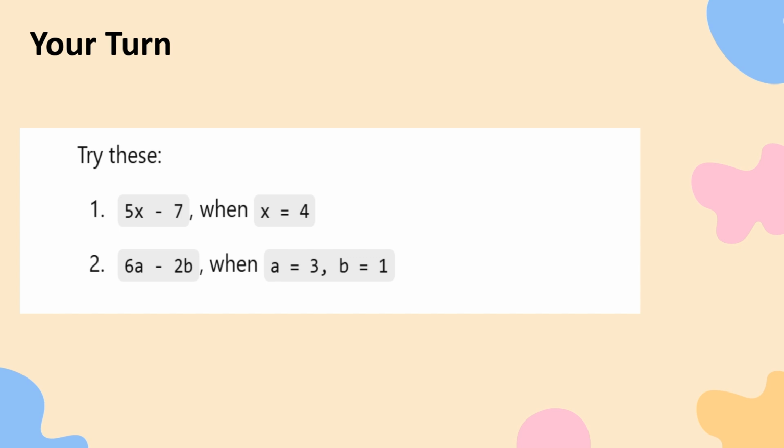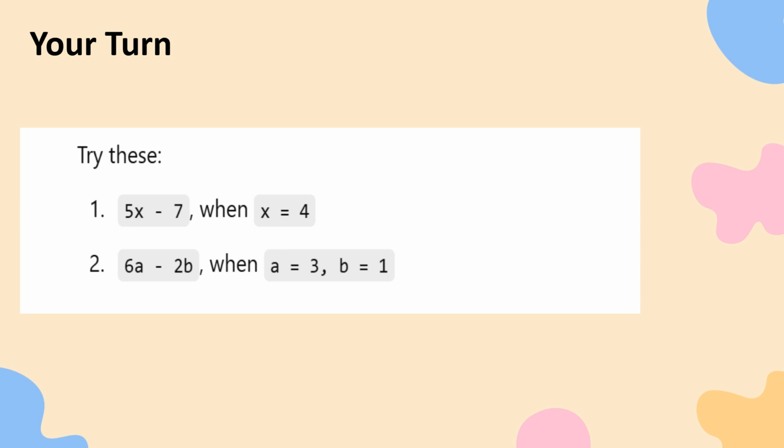And for number two, we have 6a minus 2b when a is 3 and b is 1. I will give you 1 minute to try these mathematical expressions.